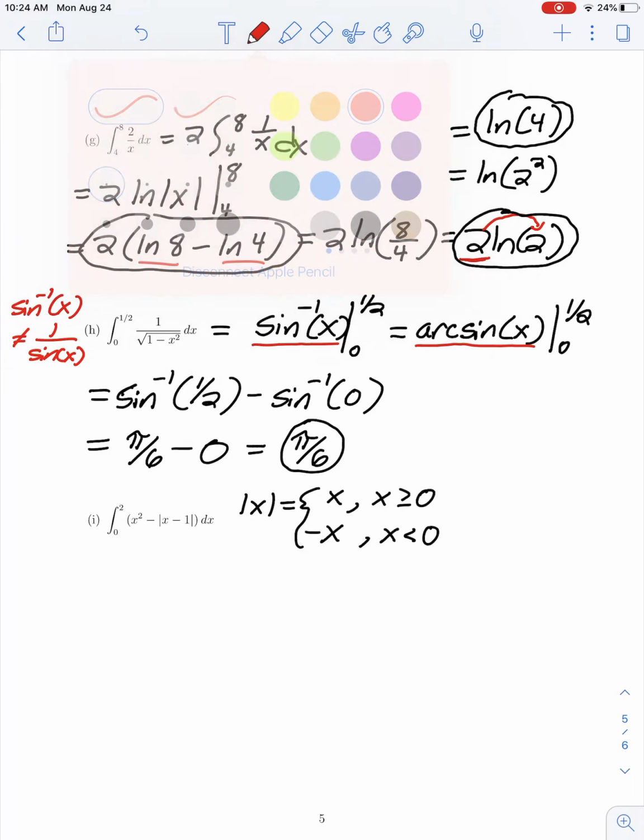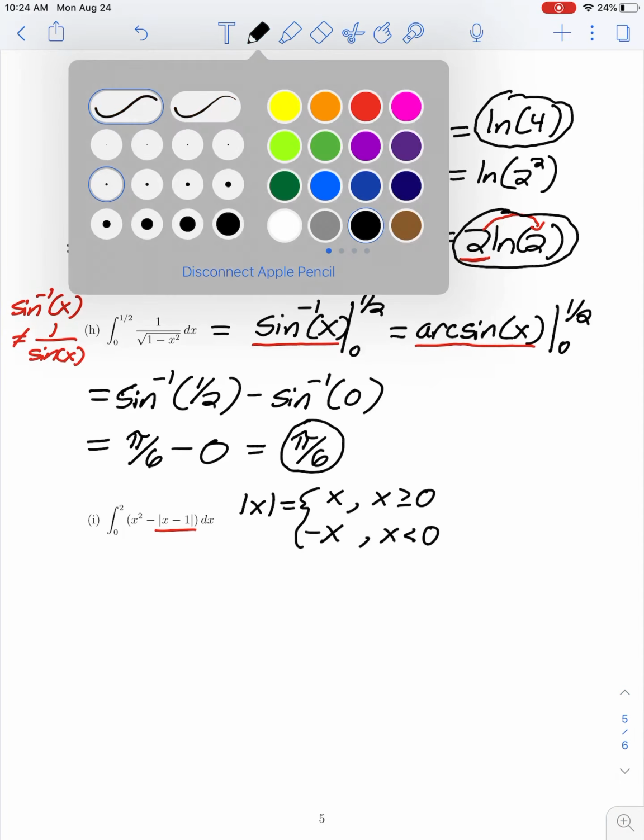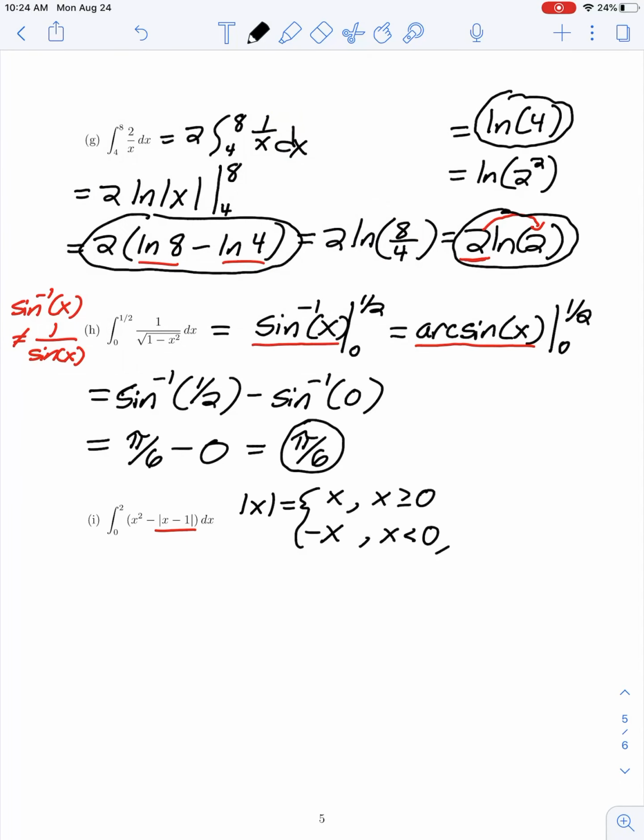So this is actually defined in this way. In our example, let's think about how the absolute value of x minus 1 is defined. Here, the absolute value of x minus 1 will be defined also piecewise as simply x minus 1 as long as x minus 1 is non-negative, or as long as x is greater than or equal to 1.